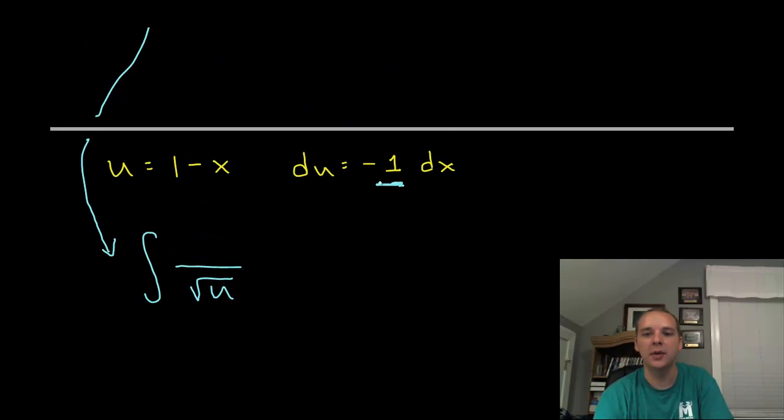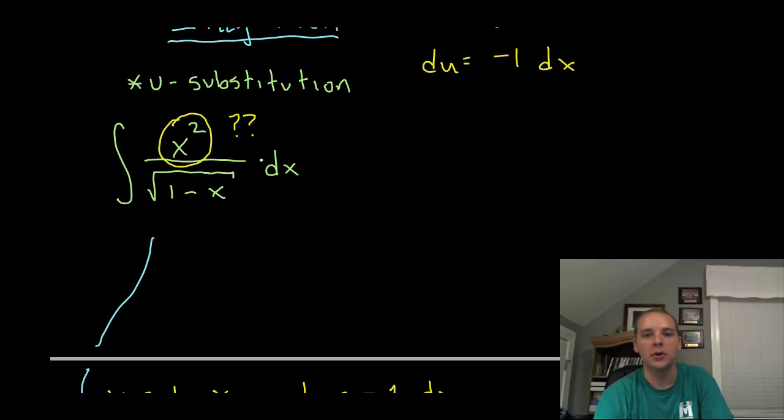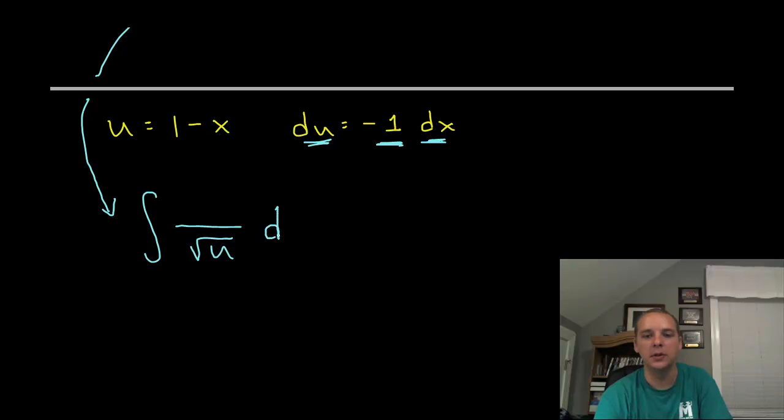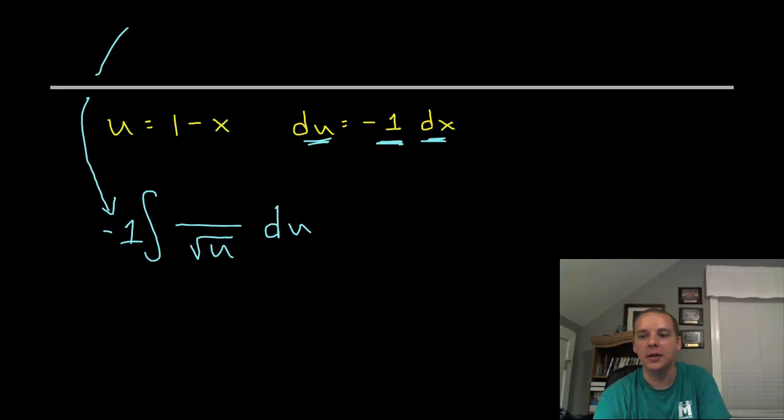This du, if we had minus 1 dx, we could swap that with a du. So currently I've got a dx, so if you add in a negative 1 on the inside and the outside, as we often have to do, then I can change out the negative 1 dx for du. That looks pretty good. I still have this negative 1 on the outside, but then here comes the hiccup.